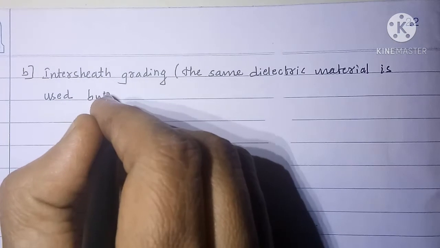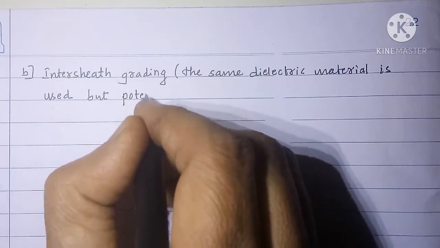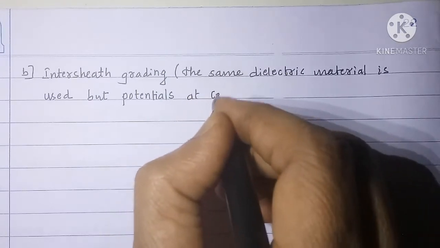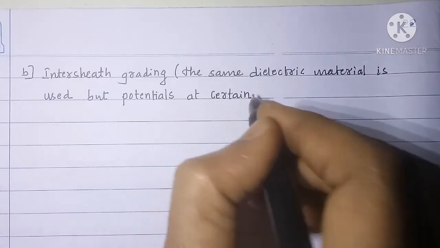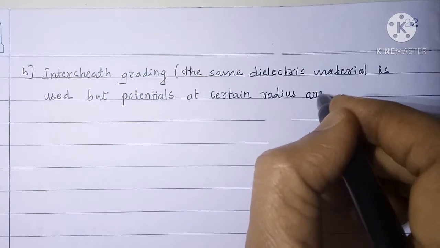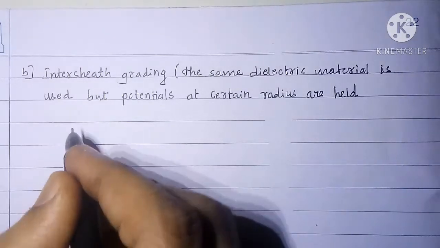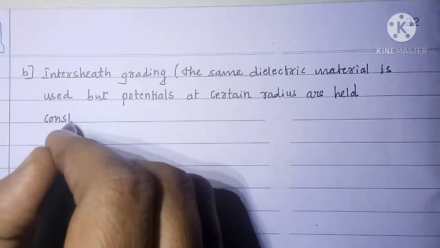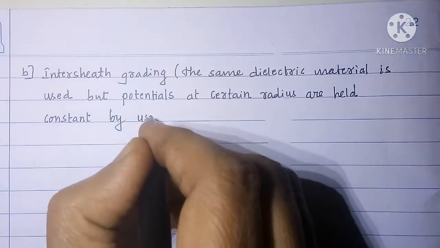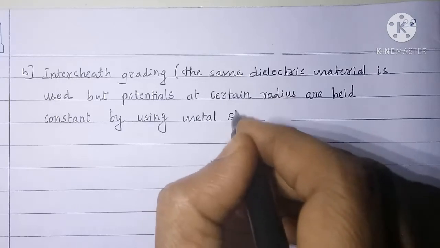But potentials at certain radius are held constant by using metal sheaths.